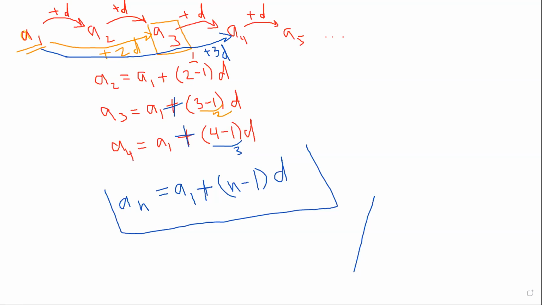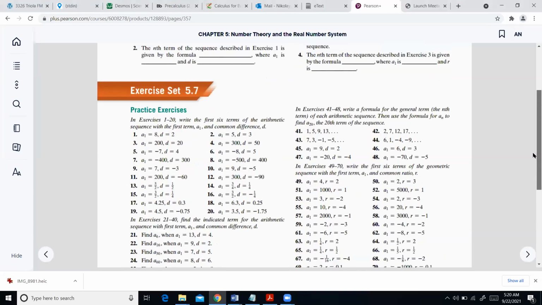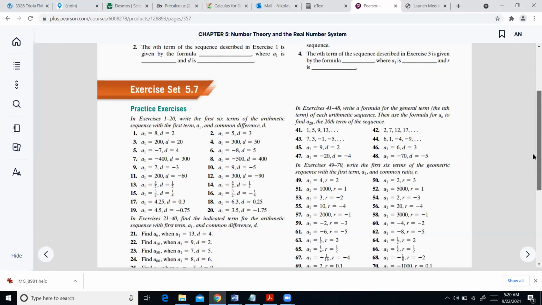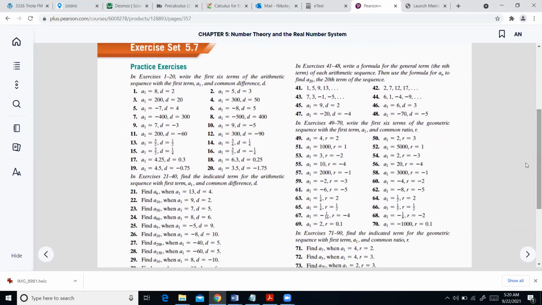So anyways, let me go back to the textbook and notice there is one more story that they have here. They're talking about the so-called formula for a general term, like in exercise number 41.